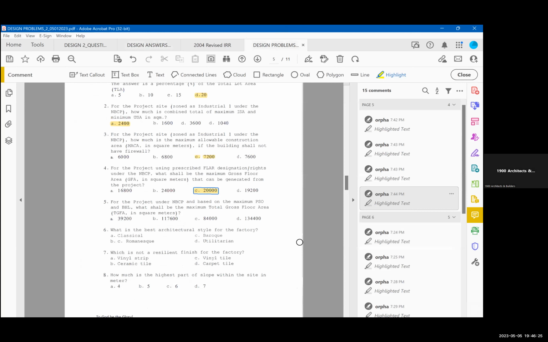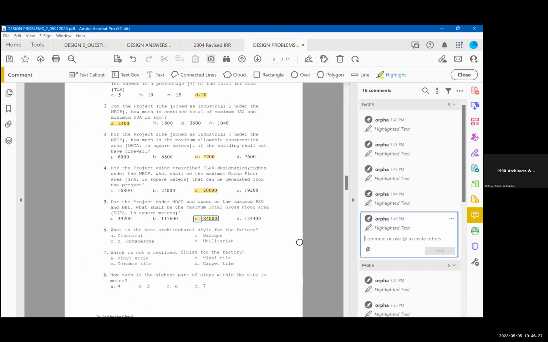So, number 6. What is the best architectural style for the factory? Ayan naman. So, letter A, classical, B, Romanesque, C, Baroque, D, utilitarian. From dito naman, logic lang, no?